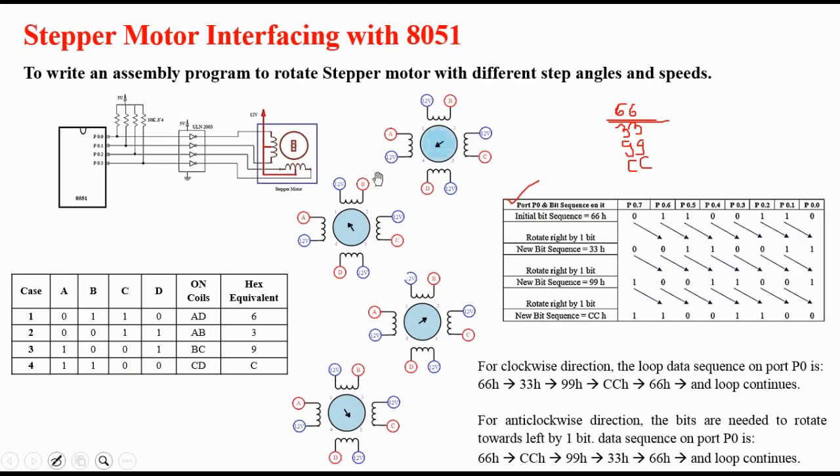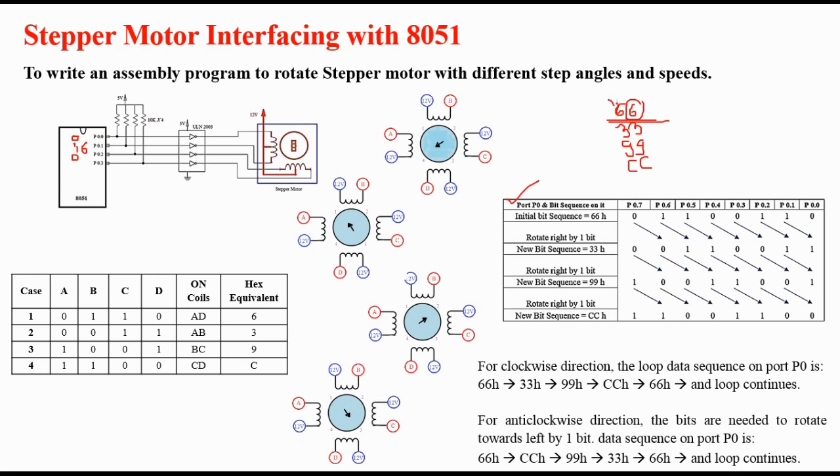Now here, the moment when we send 66, this lower 6 will get moved on port P0.0, 0.1, 0.2 and 0.3. It means that it will be 0110. P0.0 will be 0, P0.1 will be 1, P0.2 will be 1, and P0.3 will be 0.